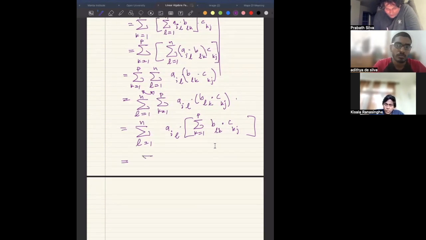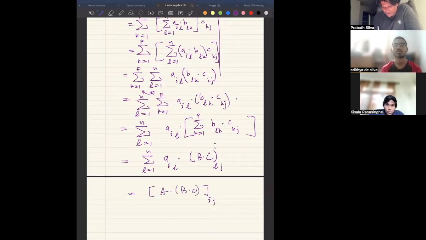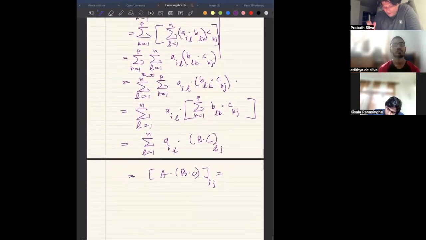So we have the sum L equals 1 up to n, A, I, L, and this one is the LKth entry of, LJth entry of the matrix B times C. And now this summation will give you the ijth entry of A times B. That's like E ij. Yeah, I call this matrix E.